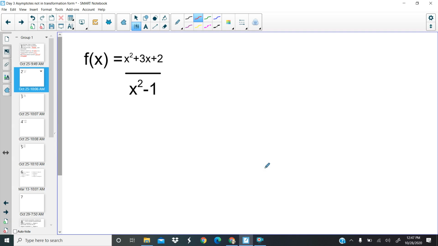So now we're going to do an example where we have to find all of the holes or vertical asymptotes. So I have this rational equation, and the first thing I'm going to do is factor the numerator and denominator, but remember that it's the denominator that's giving you these holes or vertical asymptotes.